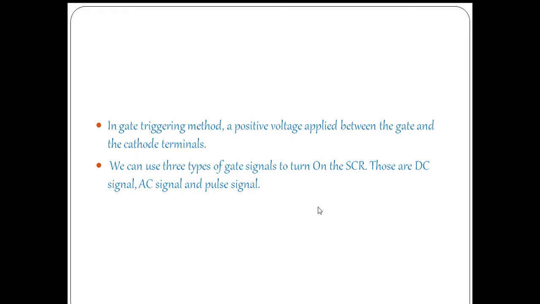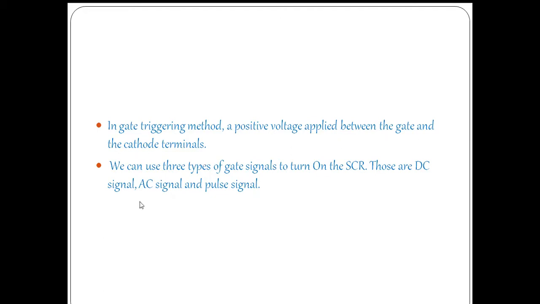So three methods in gate triggering methods. We are using different signals to turn on the SCR. Those are DC signal, AC signal, third one pulse signal.